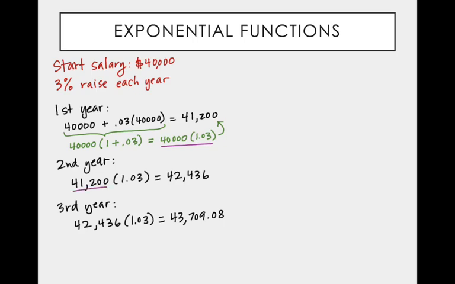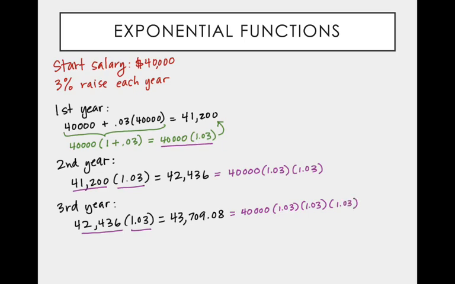Okay, and then we took that, which was this 41,200 here. That was really taking our 40,000 times 1.03 from the last line and multiplying it by another 1.03. Right, and then after the third year, we took that answer, the 42,436, and then we multiplied it by another 1.03.